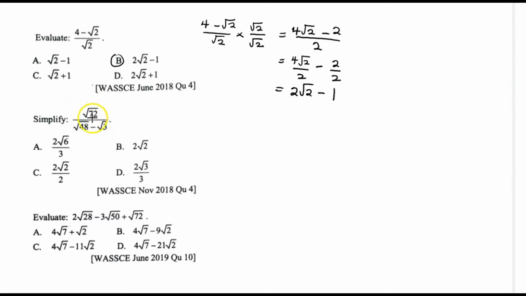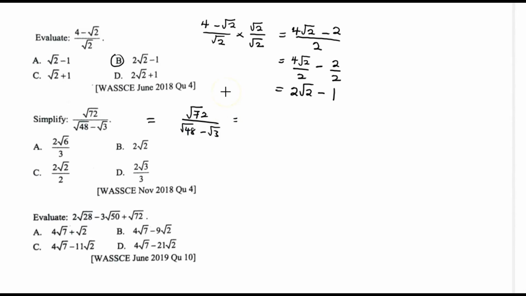Going to the next example, in terms of simplifying such a question, it still needs for us to rationalize, but we need to simplify it so that when we rationalize, it will be easier to work on. So having root of 72 on root of 48 minus root of 3.